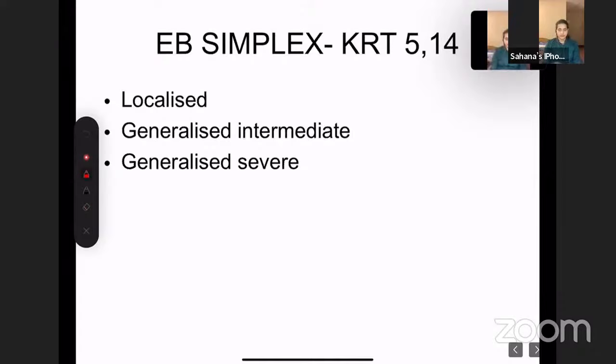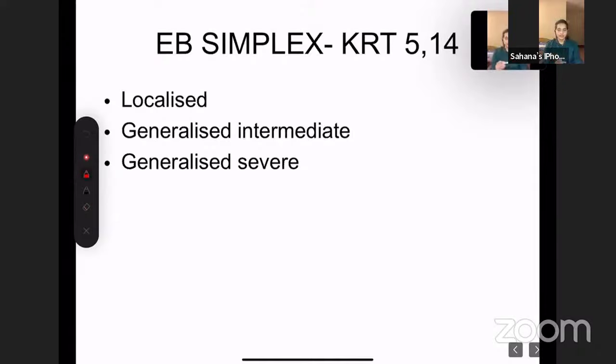But there are very specific clinical manifestations which can aid us in our diagnosis, though you cannot 100% say that this is this type of EB. I'll just show you the predominant clinical manifestations which occur in each type of EB.